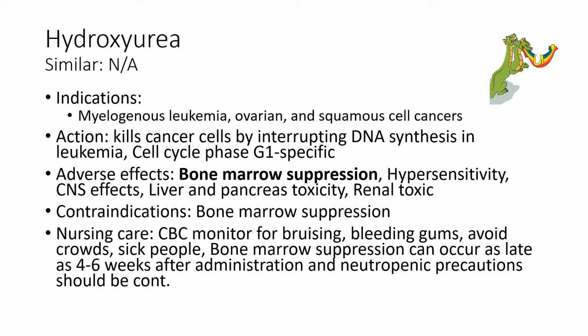If they all had severe bone marrow suppression, you would annihilate the bone marrow. So that's partly why drugs are combined together, to minimize side effects and to avoid hitting one organ too hard. Okay. So with hydroxyurea, the big side effect above all is bone marrow suppression.